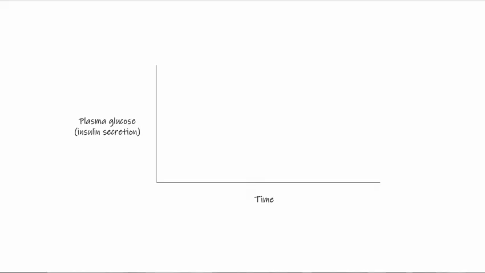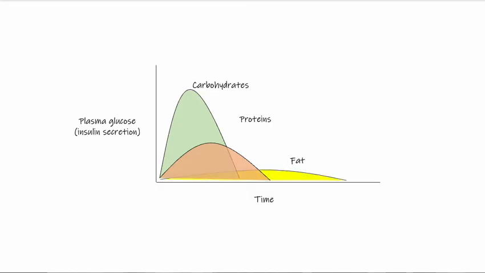So if we eat a diet full of carbohydrates, we'll see that our plasma glucose and hence insulin secretion rises fairly rapidly and to fairly high levels. Protein, however, although it does cause the release of insulin, we'll see that that effect is much less, and then even less is the effect of fat on insulin secretion. But all will cause some degree of insulin secretion.